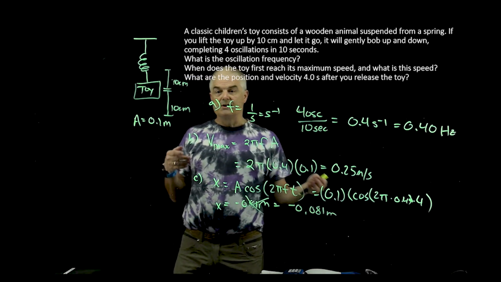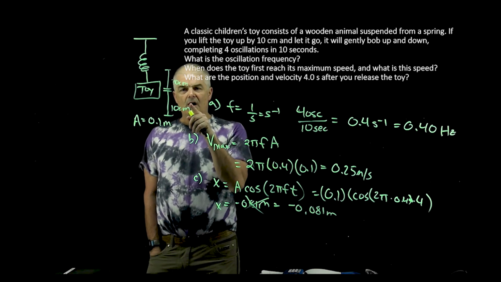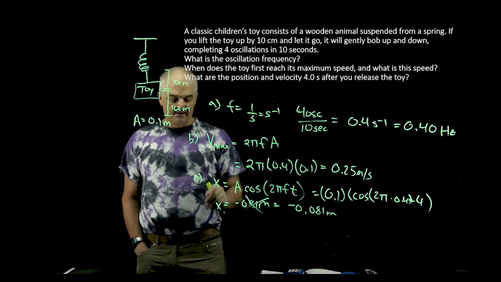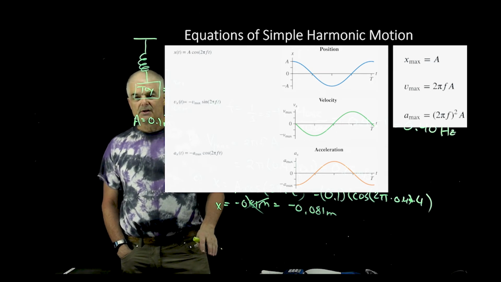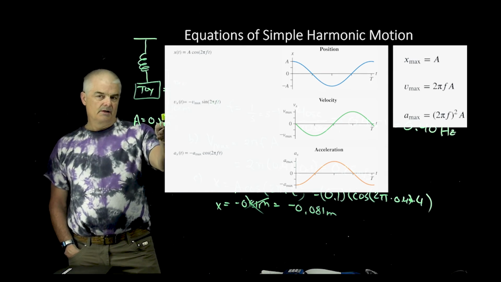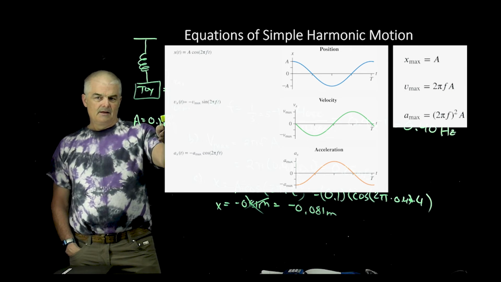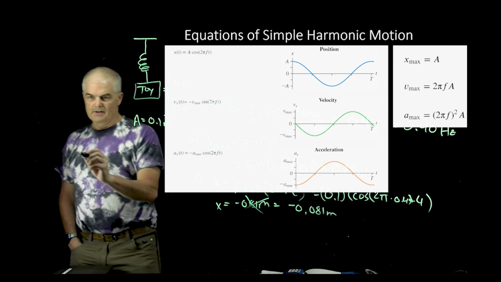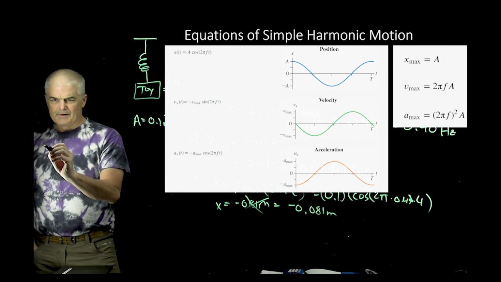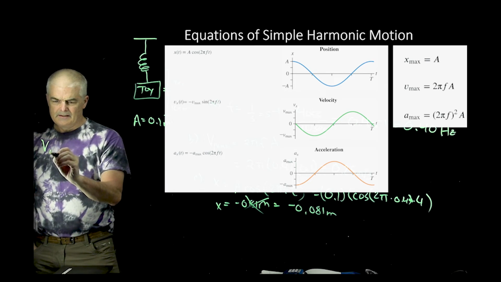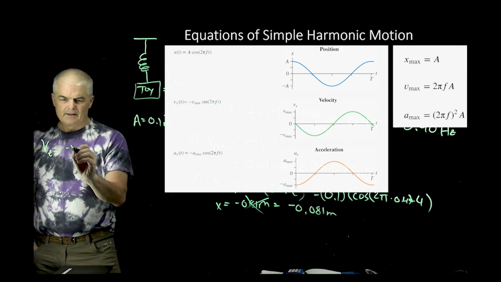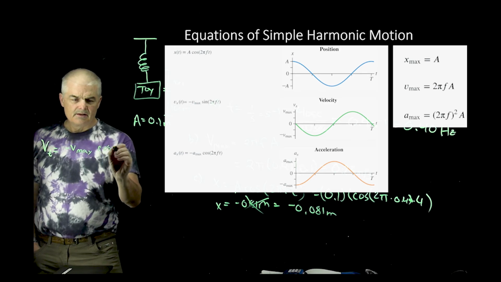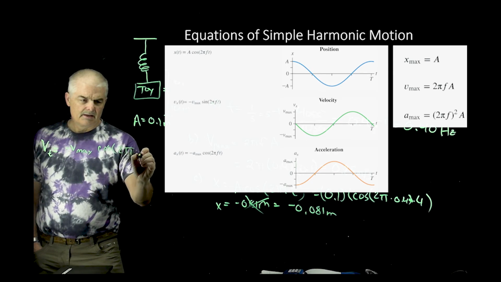Now, the next question is I think an interesting question. What is the position and the velocity after 4 seconds? Now, to find the velocity, we'll flick back to our equations. We're going to use this second equation here, the velocity, V of t is negative Vmax times the cosine of 2 pi ft.